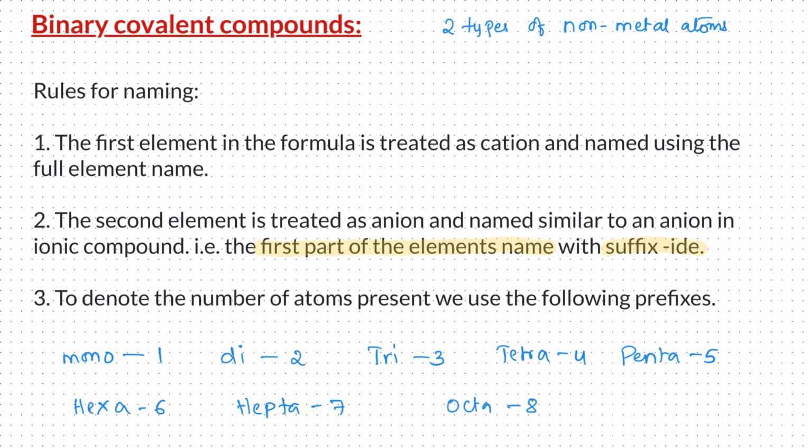The format of the name for a binary covalent compound is the following: prefix followed by the first element, followed by the prefix for the second element followed by the second element plus -ide.